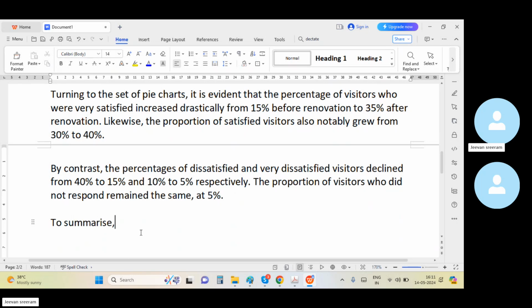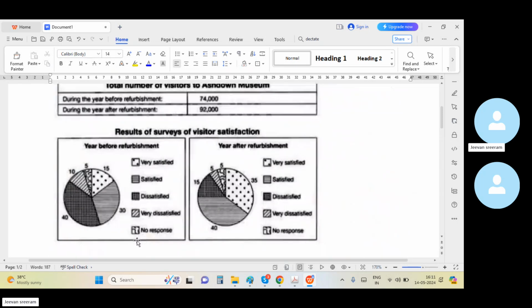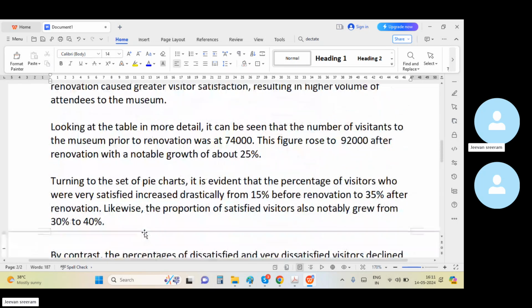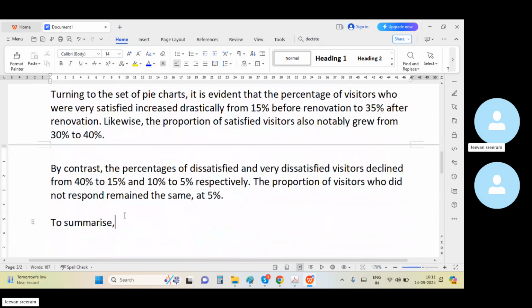To summarize, what can we write? Of course, you can. That's going to be optional. It's actually going to be optional. You can simply leave it here because it is already 185 words, right?